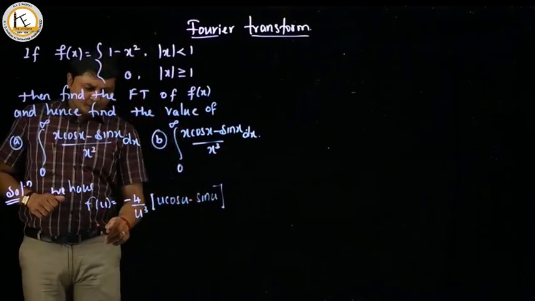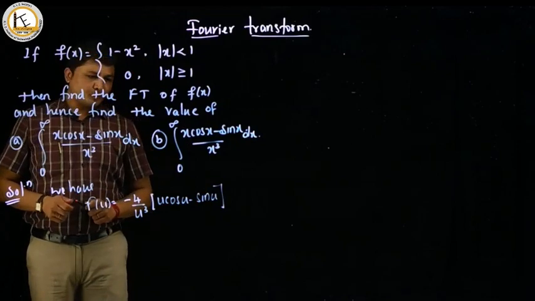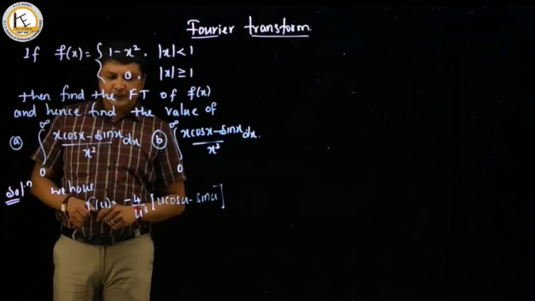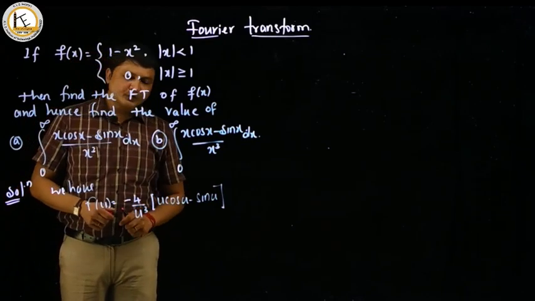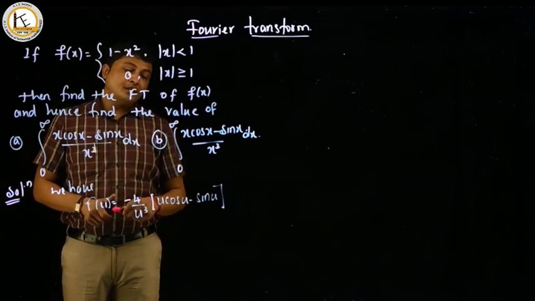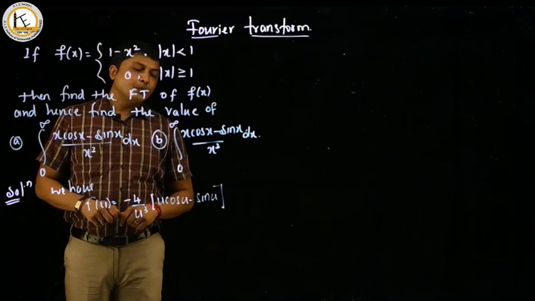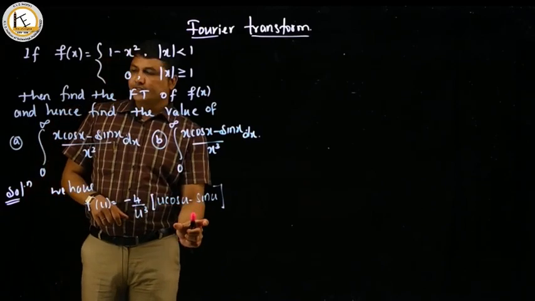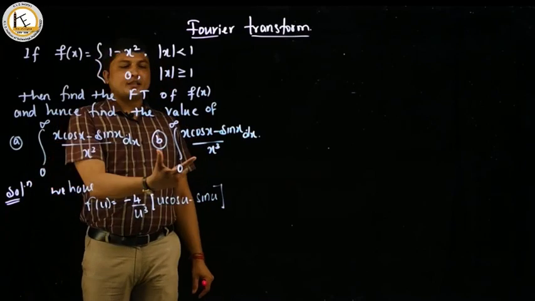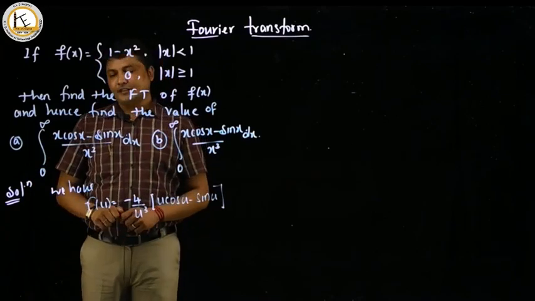From the first part of this problem, we have the Fourier transform of the function f of x as F of u equal to minus 4 divided by u cube into u cos u minus sin u. So now from this answer we need to evaluate these two integrals.